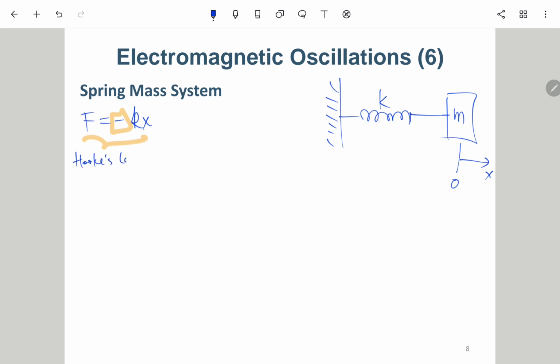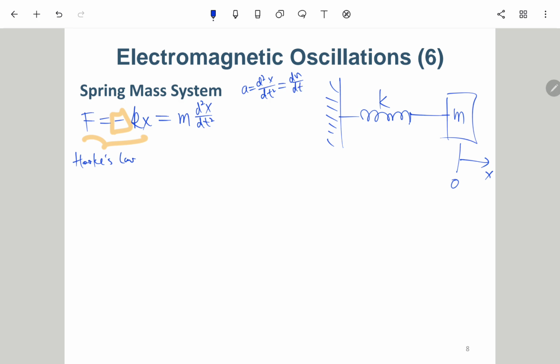Also according to Newton's second law of motion, F equals ma. But we will not use the acceleration. Rather than that, we will use m d²x/dt², because we know the acceleration is the derivative of the velocity and also the second derivative of the displacement. So a is nothing but d²x/dt², or you can also write it as the first derivative of the velocity.